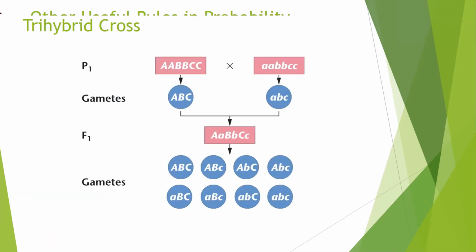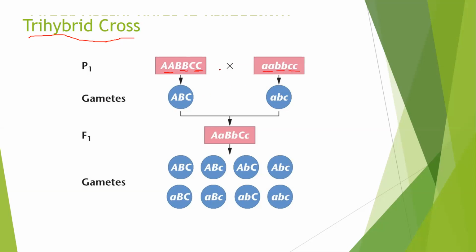And all right, this is the extension. We used the 1 gene model and 2 gene model to study the monohybrid cross and the dihybrid cross. Now we can easily expand our theorem to 3 genes, the trihybrid model. Here the 3 genes are located on 3 different chromosomes.